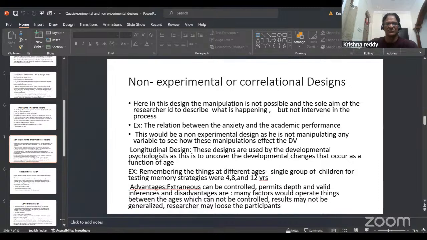For 8 years, this particular experiment ran. It cannot be generalized, but it will throw some idea with regard to remembering things at different ages. How would the remembering power be at different ages? You get some idea, but you cannot generalize the results, and all individuals may not be the same, isn't it?